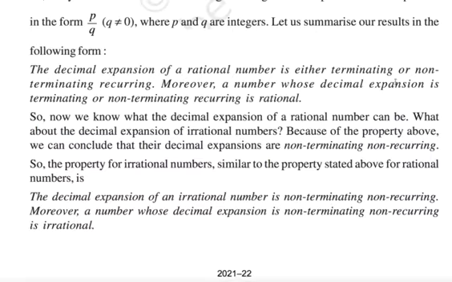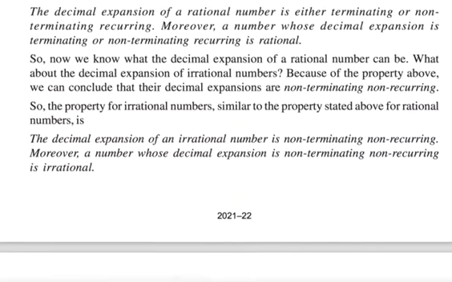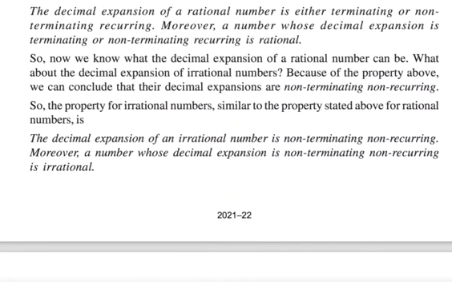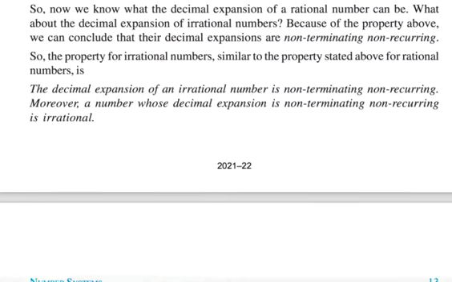What about the decimal expansion of an irrational number? Because of the property above, we can conclude that their decimal expansions are non-terminating, non-recurring. Okay, so the property for irrational numbers, similar to the property stated above for rational numbers, is: the decimal expansion of an irrational number is non-terminating, non-recurring. Moreover, a number whose decimal expansion is non-terminating, non-recurring is irrational.